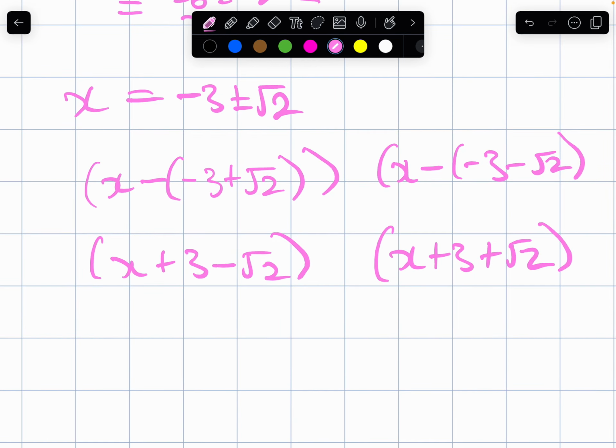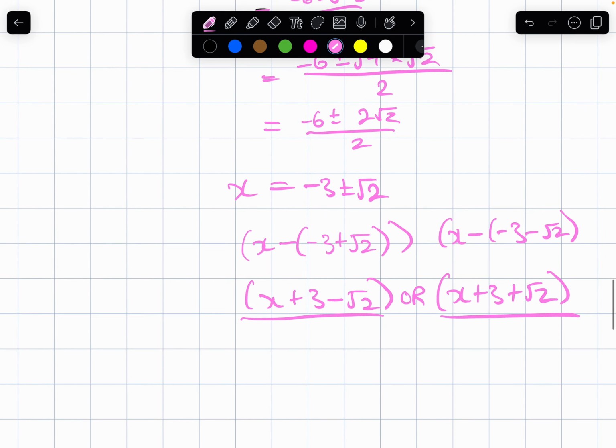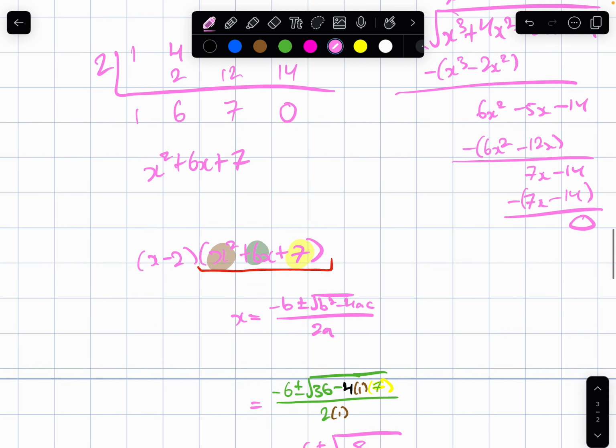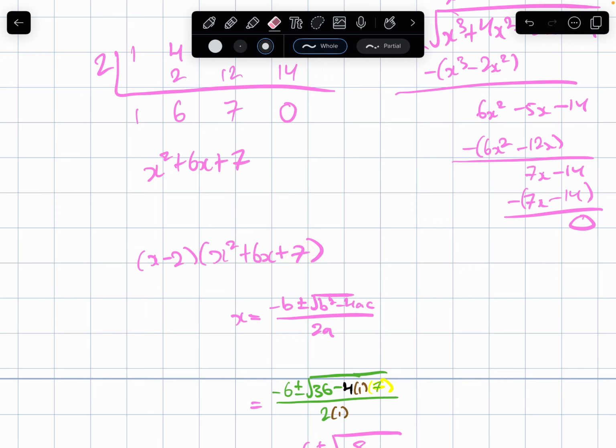So these are your two options, and they're both valid. That's what you break down this thing up here into.